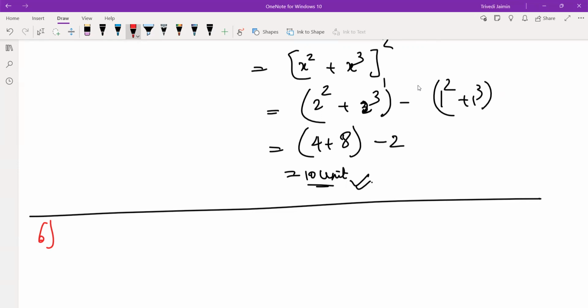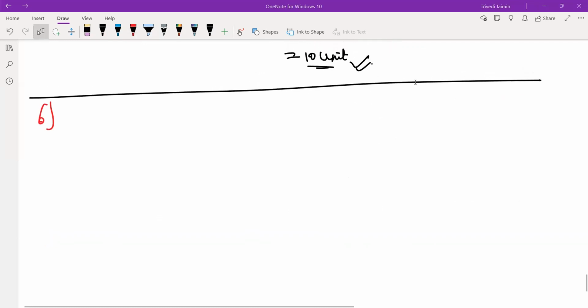By the way, this Sunday I'll keep a test on system of particles. So be ready with that. It's a small test, plus 4, minus 1. Negative marking.